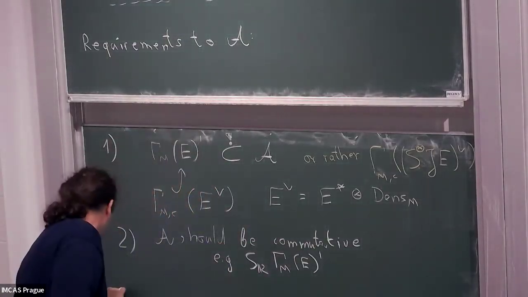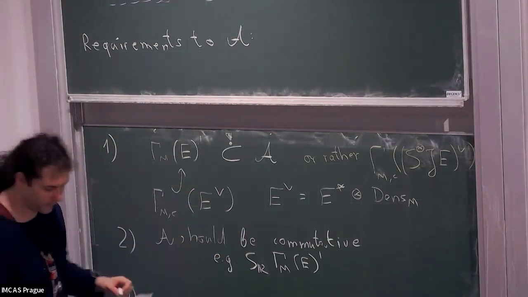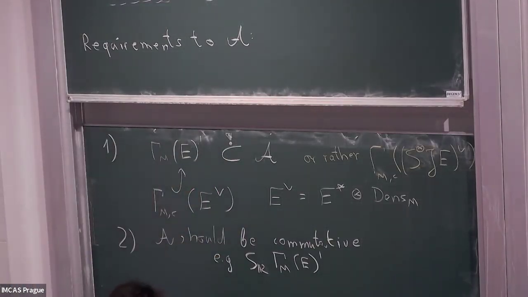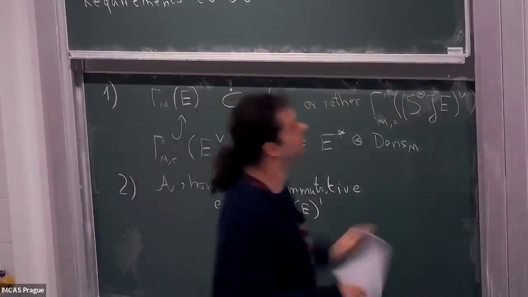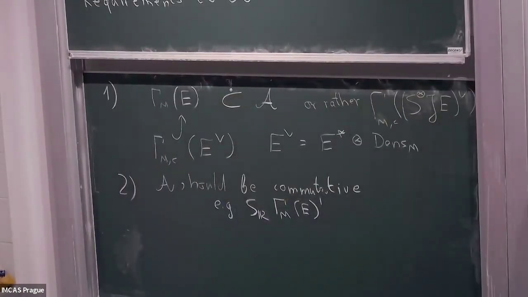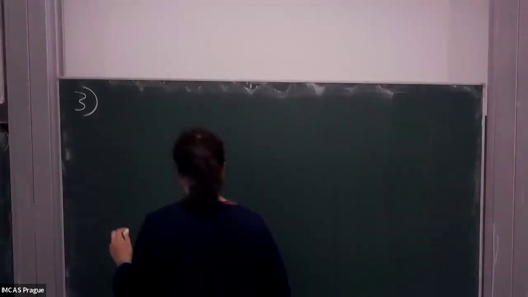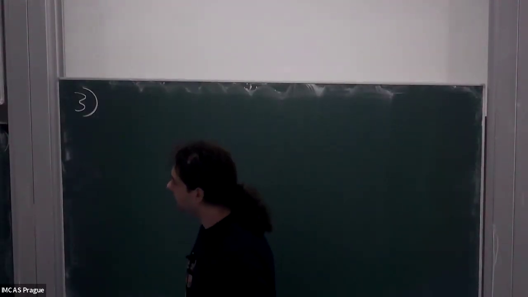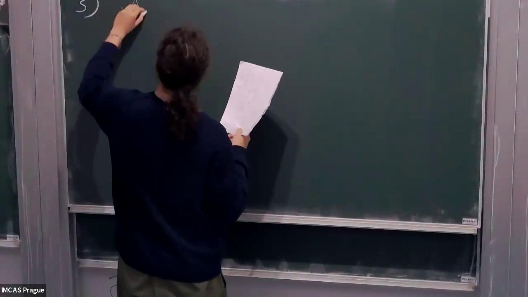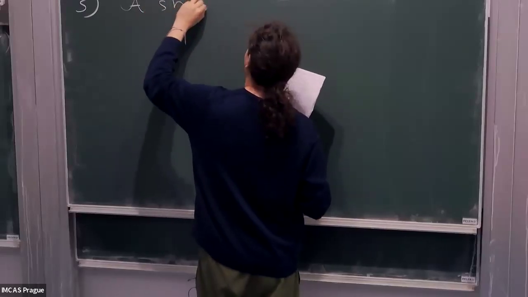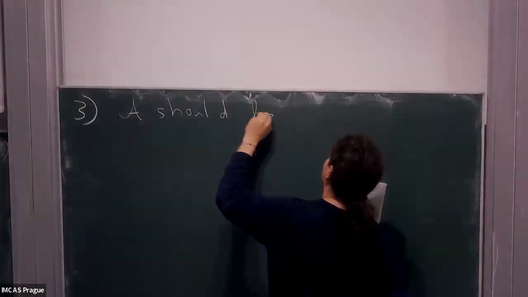The third condition, which is somehow the main motivation for our work, maybe I continue on the next board, so everything stays visible. We would like the algebra A to be geometric, and this is somehow a vague statement.